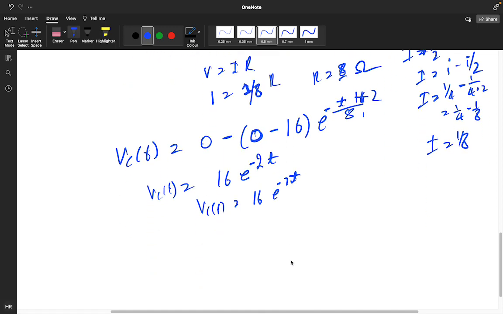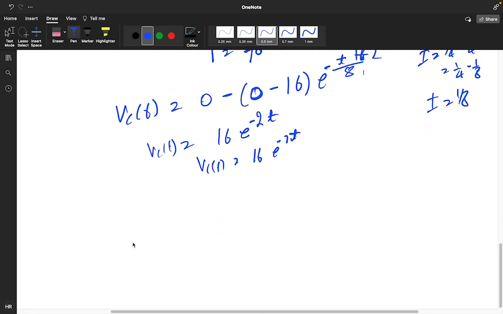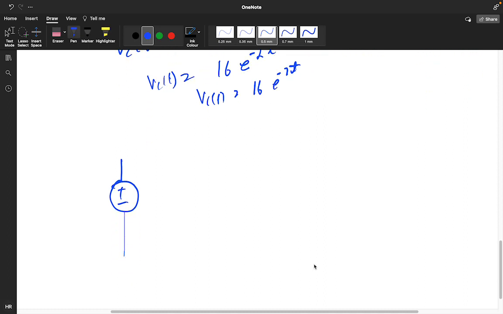So now we know the circuit. The circuit is like this. Okay. So we know this particular circuit. It's getting open after t is greater than 0.